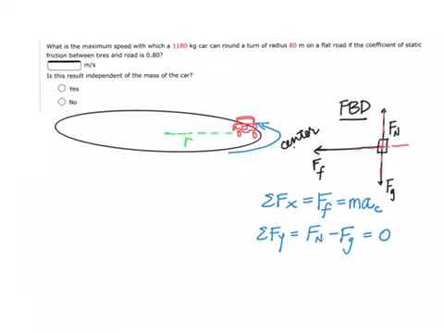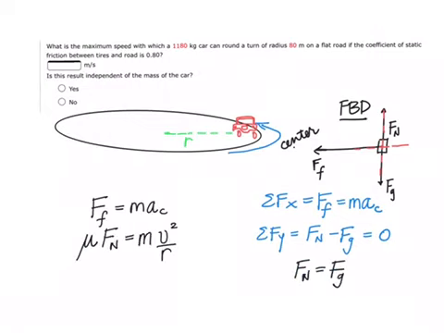So now let's put these things together. From over here, the force of friction is equal to m a_c. Now let's look at this sum of forces. The normal force is equal to the weight, the friction force is equal to mu times normal, and the centripetal acceleration is equal to v squared over r, then I can make some substitutions.